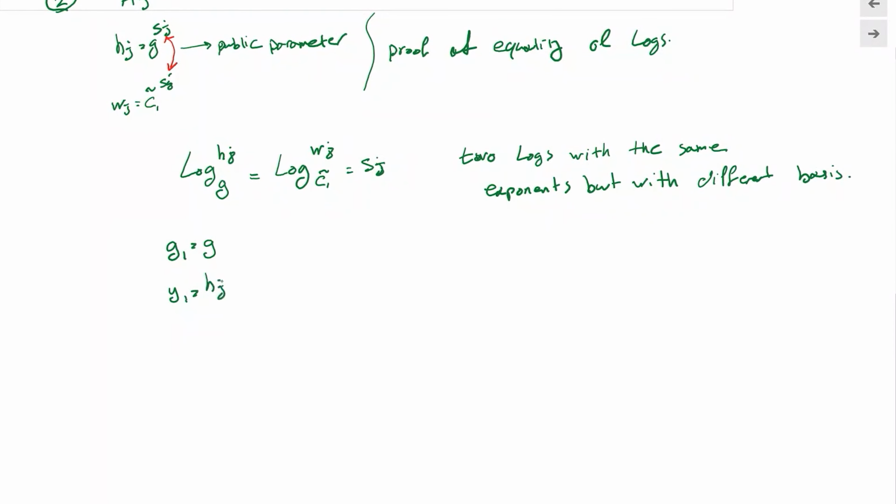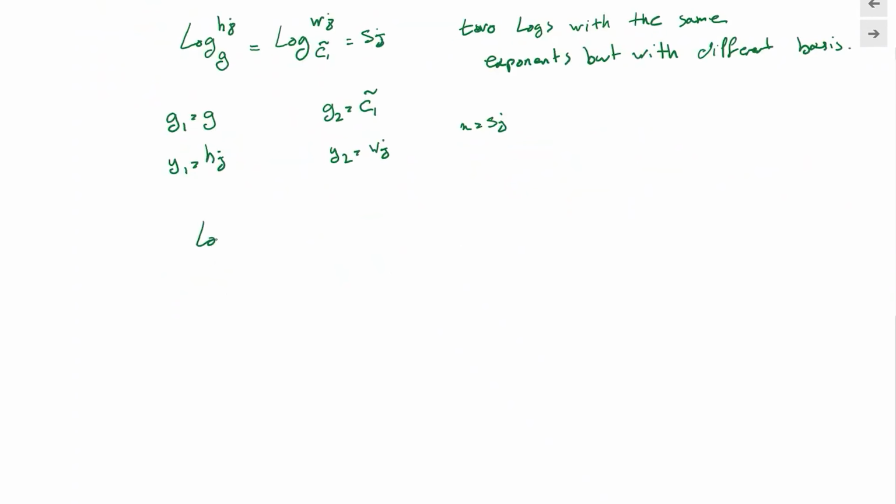So I denote g1 as g, y1 as hj. I'm going to say g2 equals c1 tilde, and y2 is going to be wj. And then my x, I'm going to let it be sj, right? So now the problem we are trying to solve is that the log of y1 on base g1 is equal to the log of y2 on base g2, which is going to equal x, right?